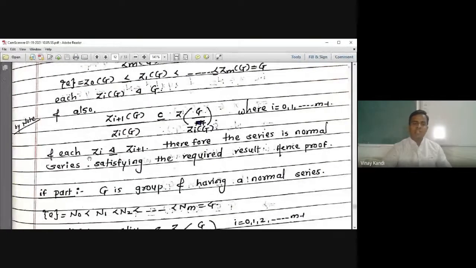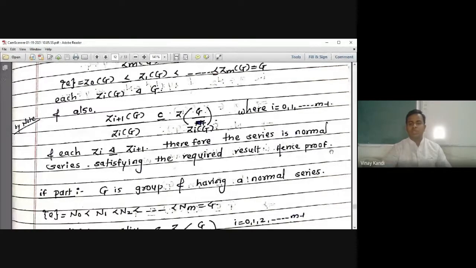And each Zi of G is normal in Zi plus 1 of G. Therefore, the series is a normal series satisfying the required result, as the proof.